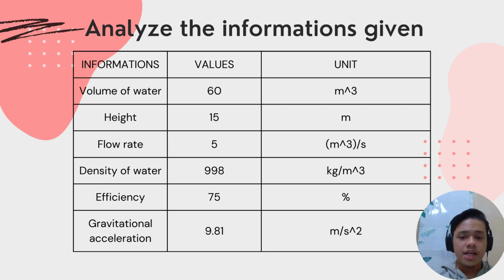Next given information is density of the water is 998 kilogram per meter cubic. The efficiency of the turbine is 75%. And even though it was not given in the question, we know that gravitational acceleration is equal to 9.81 meter per second square.